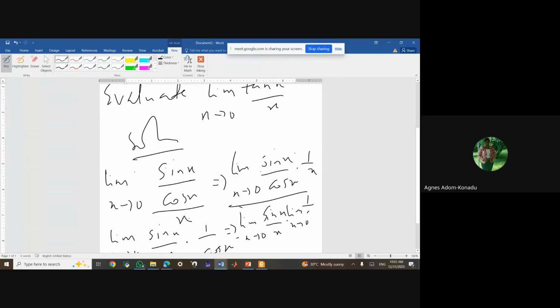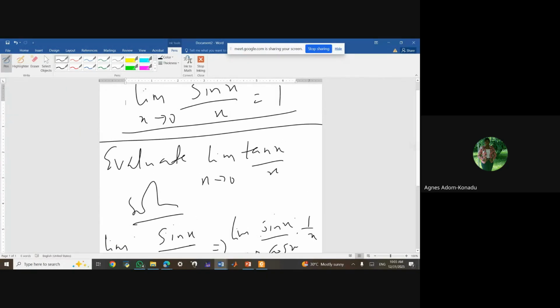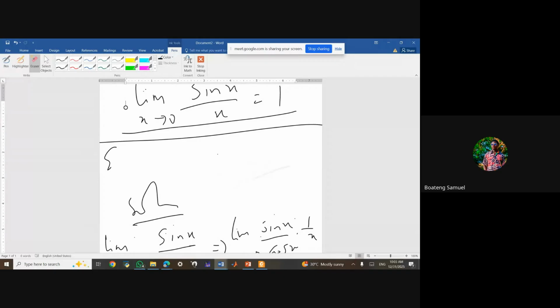From the theorem, we know that the limit as s approaches 0 of sin x over x is 1.